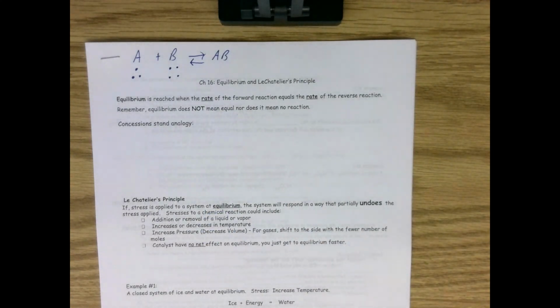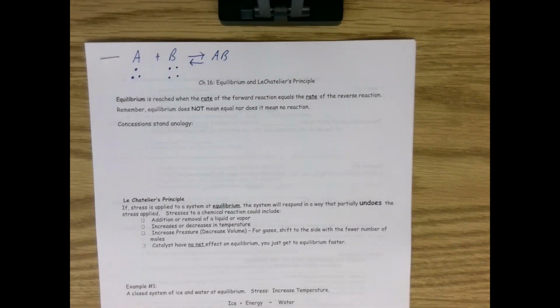So the question now is, if A plus B can turn into AB, and also AB can decompose into A plus B, what prevents AB, when I make it, from immediately decomposing? And the answer is nothing, because that actually happens. So I have to look at the relationship between the forward and the reverse reaction. And that relationship is going to decide how much product we produce.